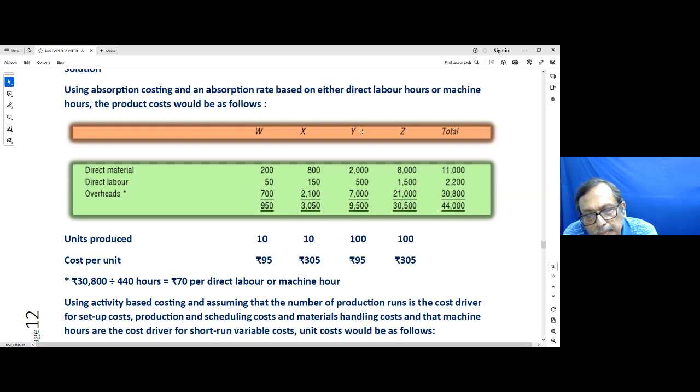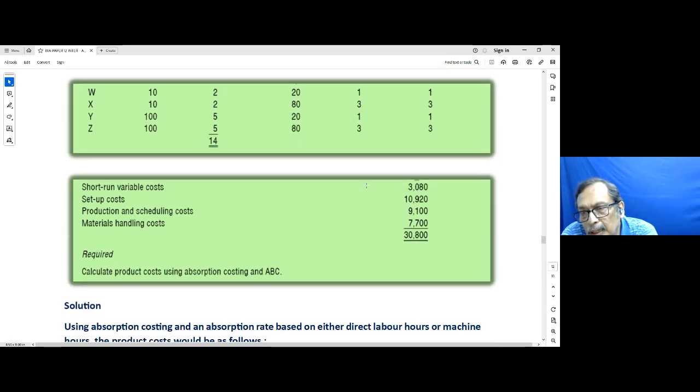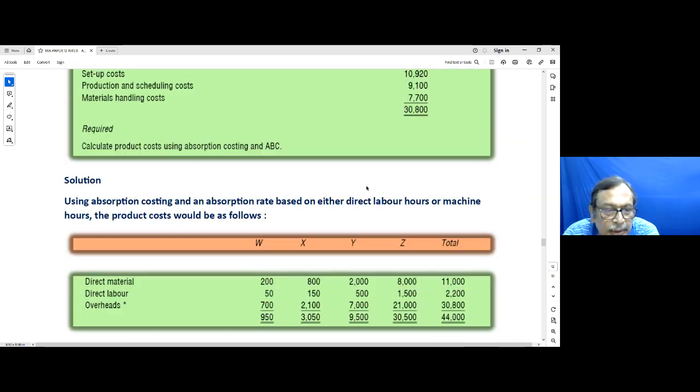overheads are to be absorbed on a volume basis, that is machine hour or labor hour. Remember here, direct labor hours per unit and machine hours per unit are the same. We may use either direct labor hours or machine hours for absorbing the overhead cost over the cost objects.